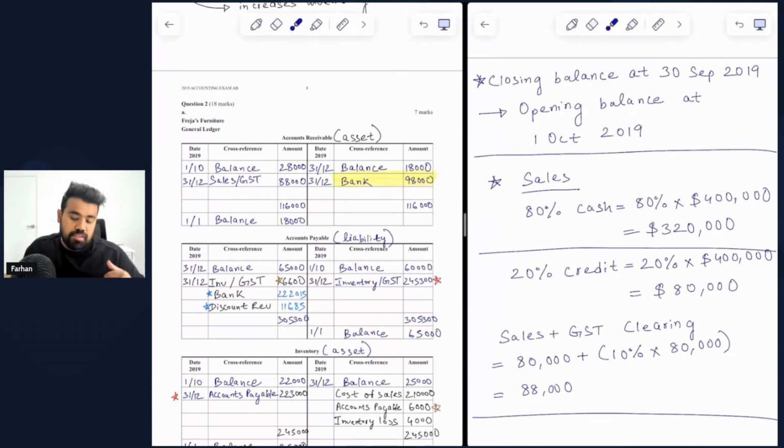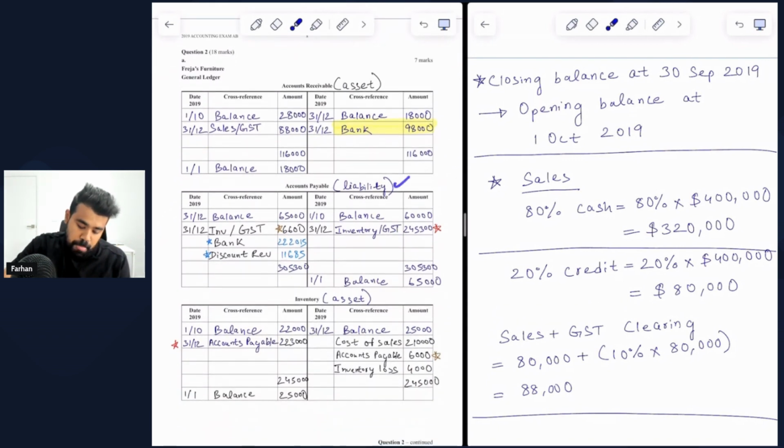So now that accounts receivable is taken care of, let's see what we have to do with the second account, which is accounts payable, and also the third account, which is inventory. So we understand that accounts payable is a liability account. Why? This is because accounts payable refers to the credit suppliers of the business. Who are the credit suppliers of the business?